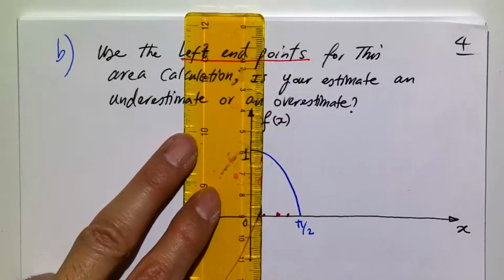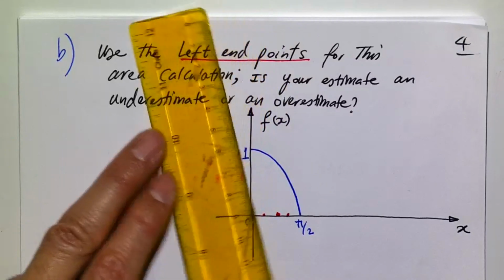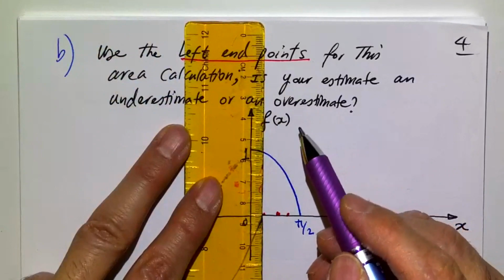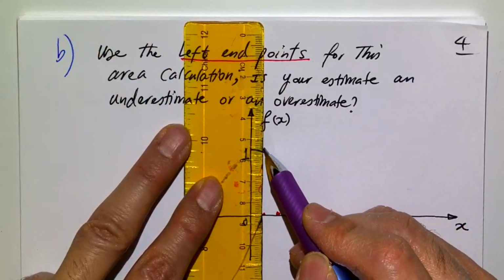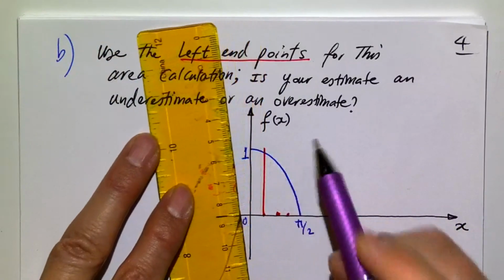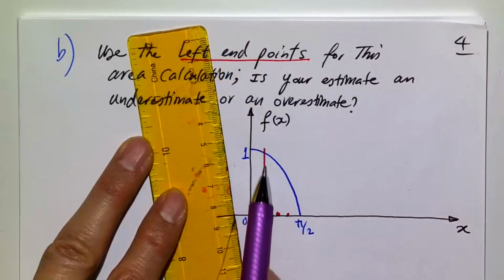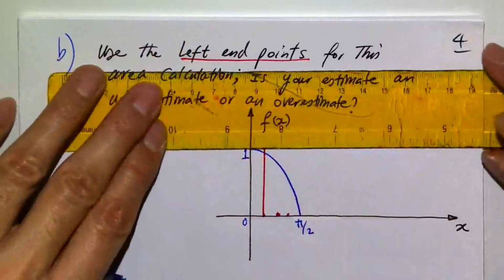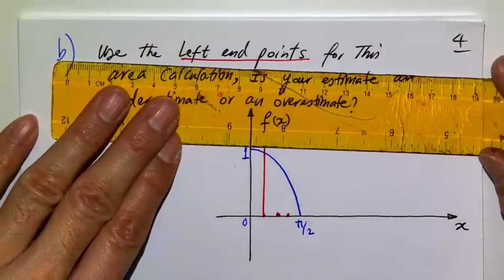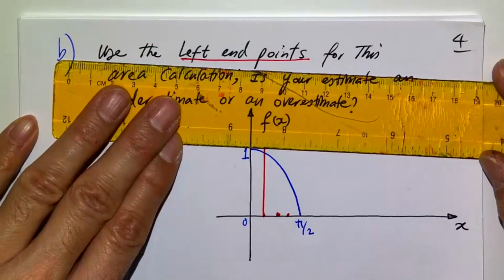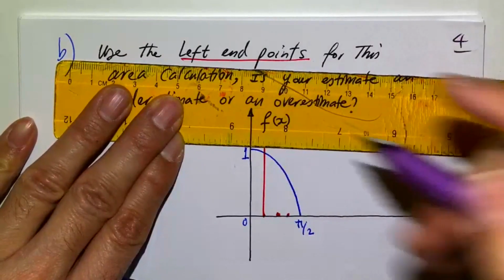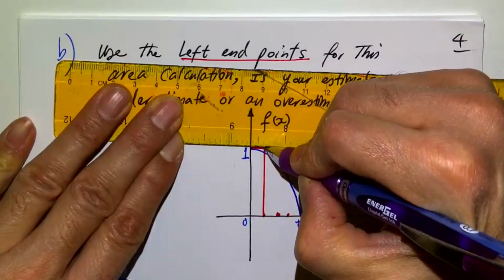Let's see, so there is like that. You can see already that it went over the curve, which means we're going to have an overestimation if we use the left endpoints, right? Because the left endpoints now are going to be on the curve right there.